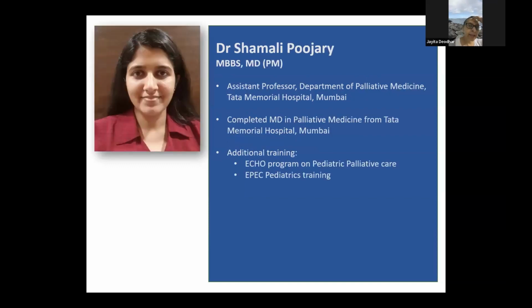To moderate this session, we have Dr. Shamali Poojary, who is our assistant professor in the Department of Palliative Medicine. She completed her MD in Palliative Medicine, did an SR post with us, and then an SR post in KEM Hospital. She has been trained on the ECHO PPC program, as well as undergone training in the EPED Pediatrics training program.